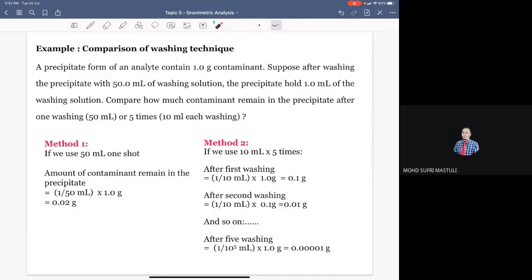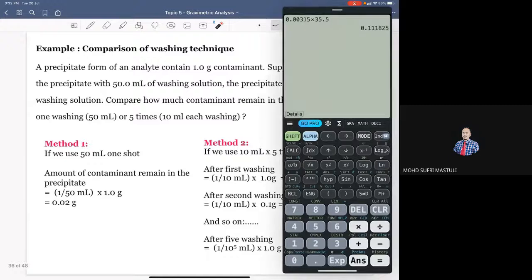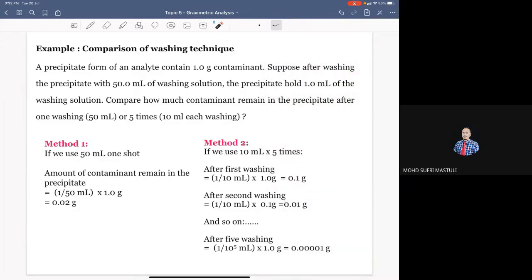So 1 over 50 times 1 gram, which is 0.02 gram.